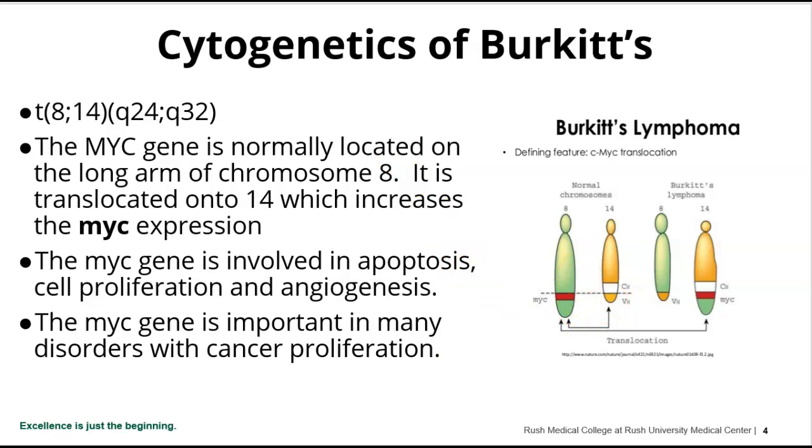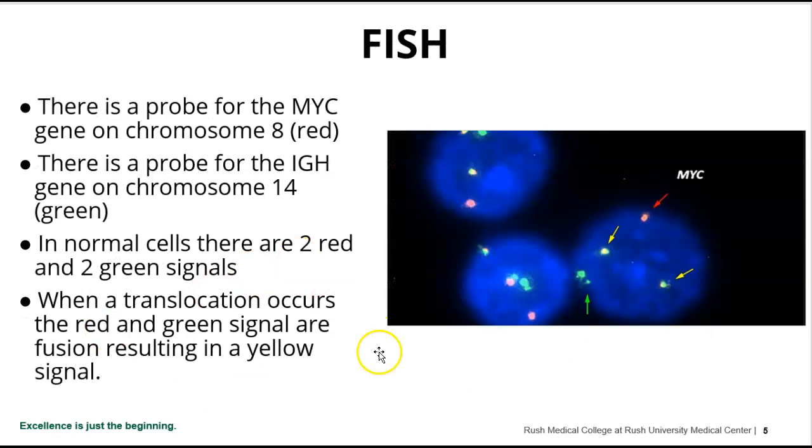the MYC is involved. Now, remember when we talked about translocations with BCR-ABL, that there's a fusion between two chromosomes? In this case, this MYC gene, when it gets broken apart, it doesn't do its job right, which means it doesn't slow down cell growth.